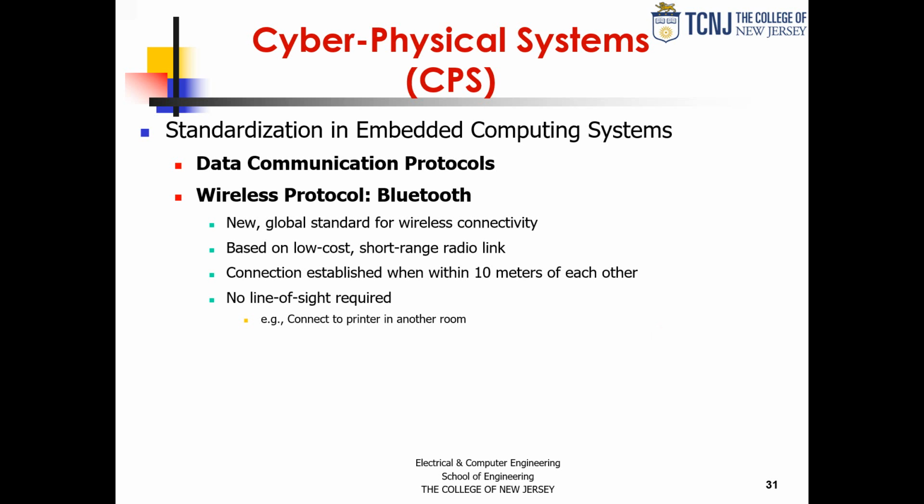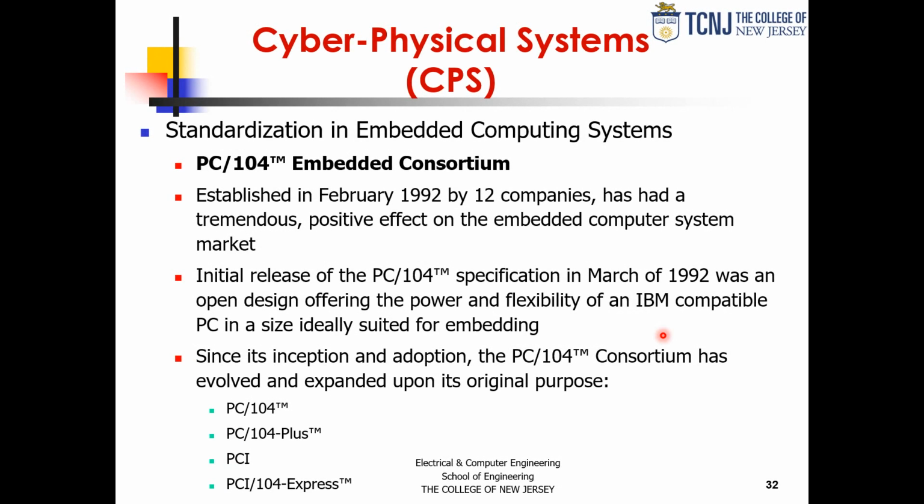So, as a good example of that, let's start talking about the PC 104 embedded computing standard, which was started by the PC 104 Embedded Consortium in 92, 12 companies, including IBM.